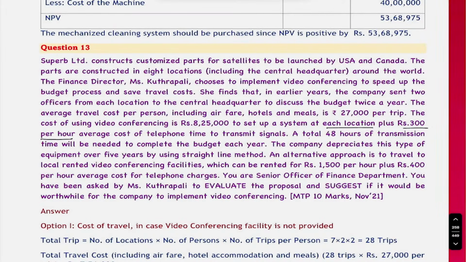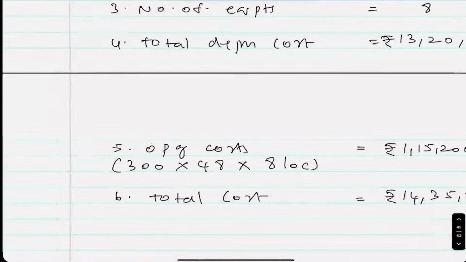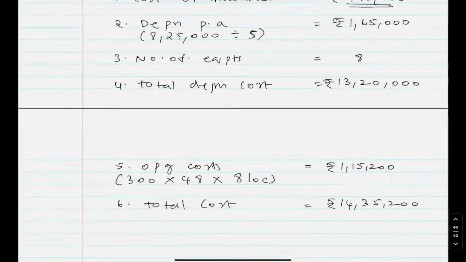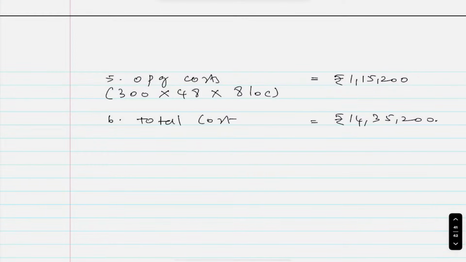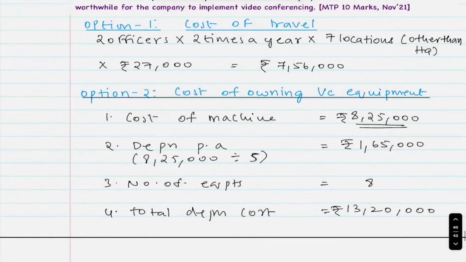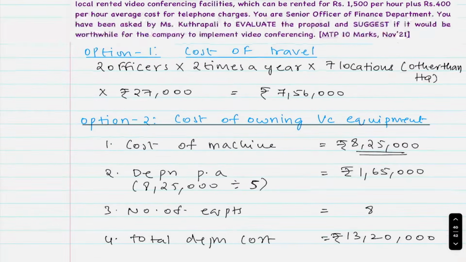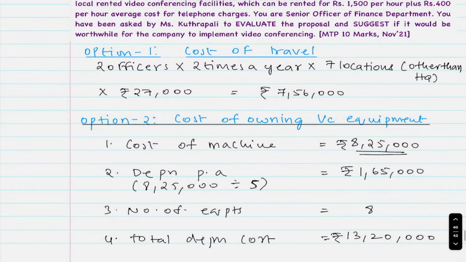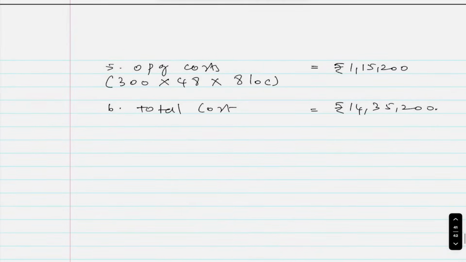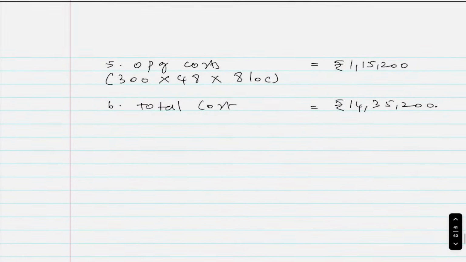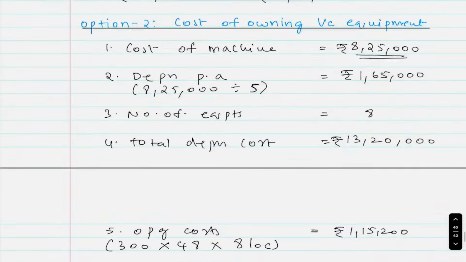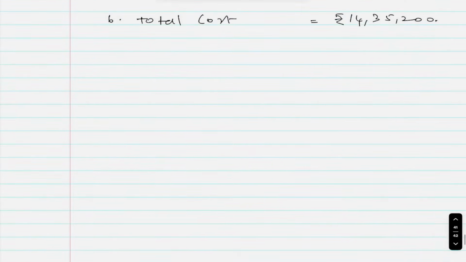Like that, how many total hours of transmission? 48. How many locations? 8 locations transmission has to happen. So it costs 1,15,200 for me. Okay. So this is the total cost. Now you please answer. If you operate travel, it is just 7,56,000, correct? But if you own it, it costs you almost double, 14,35,200.